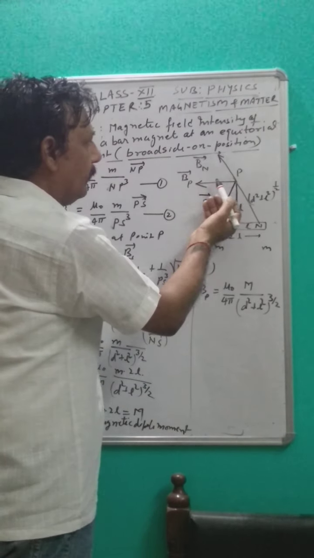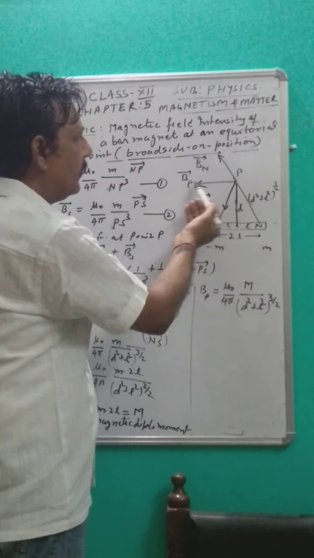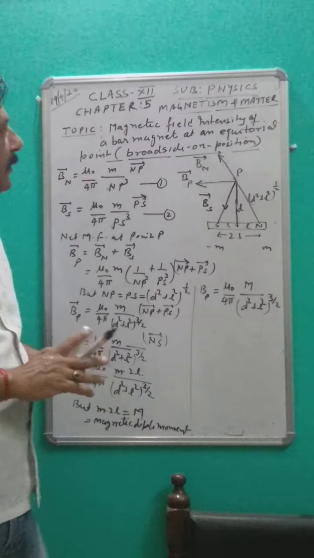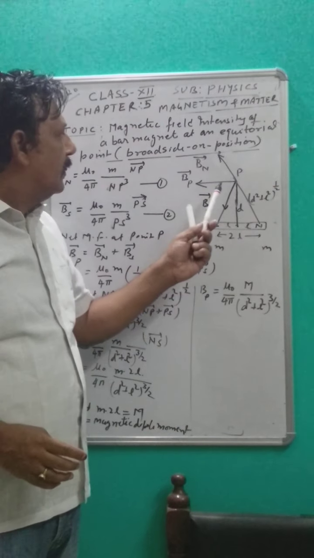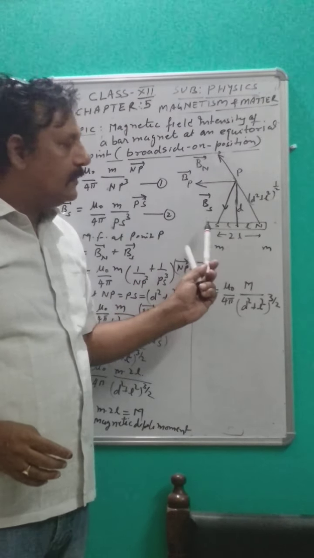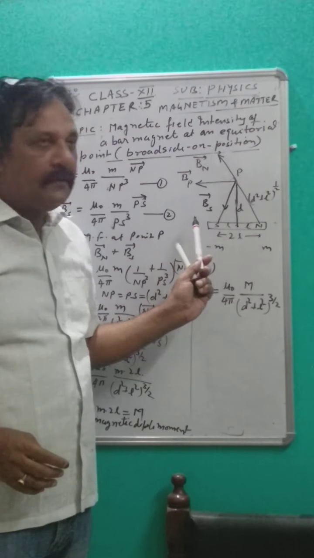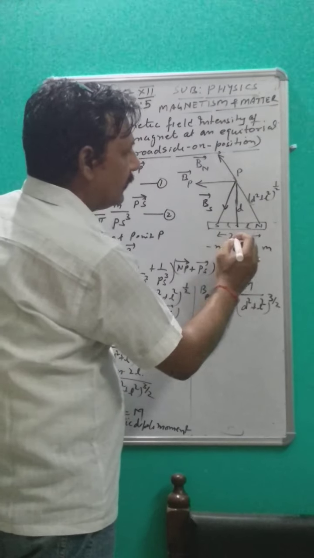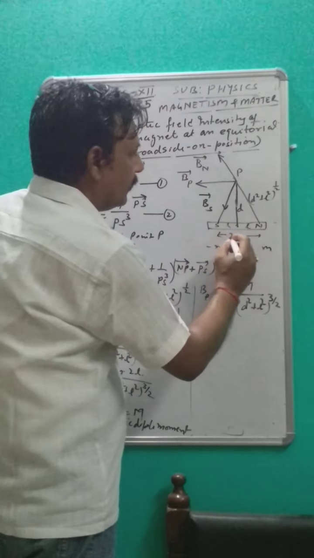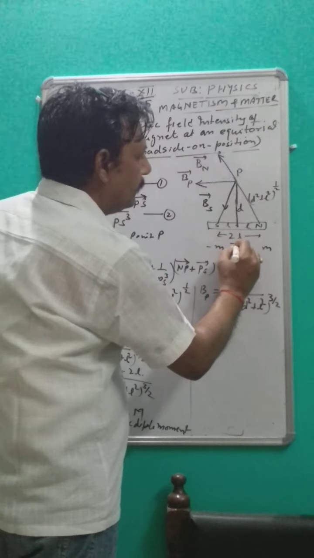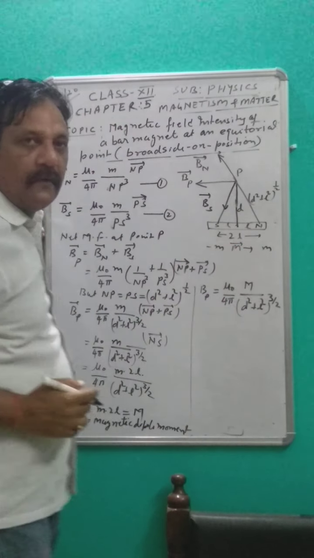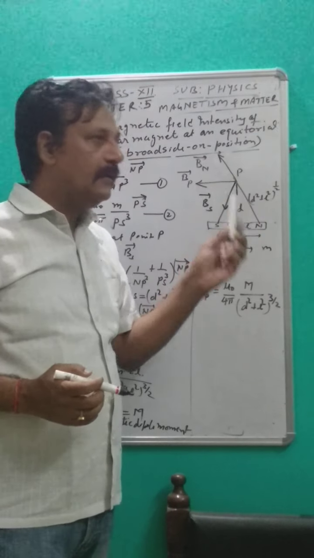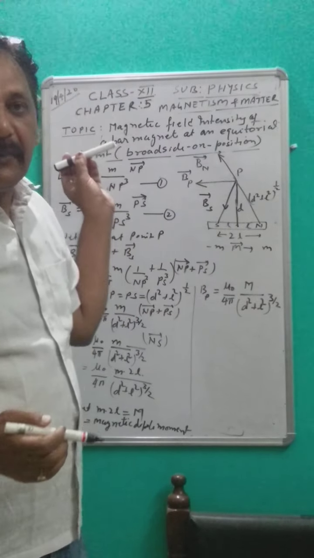The net resultant magnetic field in the diagram is represented by Bp, because the magnitudes of Bn and Bs are the same. So Bp is parallel to the axis of the magnet, but the net magnetic field is opposite to the dipole moment. The dipole moment acts from south to north, but the net resultant magnetic field is opposite to the dipole moment.